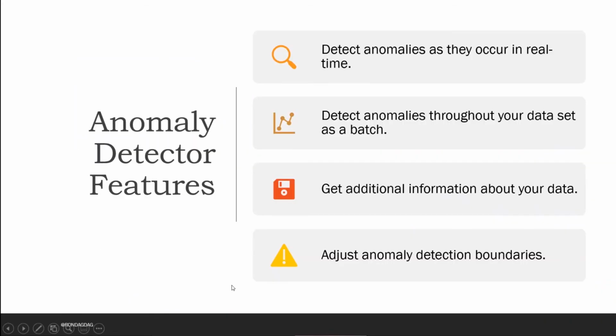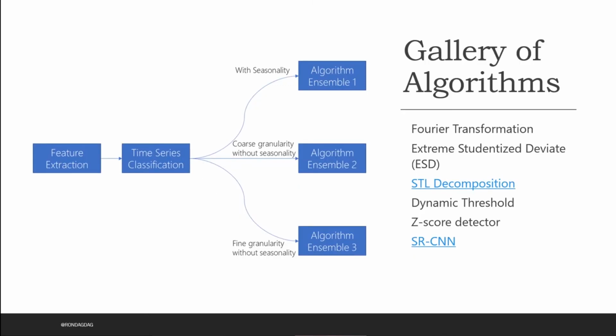And so you can easily use it. You can have it as a batch, or as data occurs in real time. So I'm going to demo that. The way it's doing it, I found out, is it uses a gallery of different algorithms to determine on the fly what type of anomaly detection to use. It can be Fourier transform.